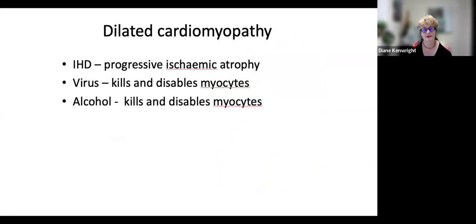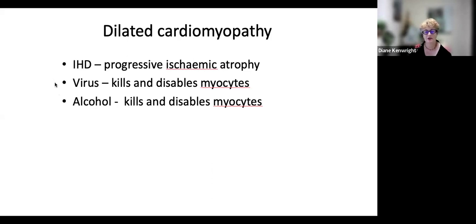All right. So we've mentioned cardiomyopathy, commonest kind, commonly seen with ischemic heart disease. But here's some other things that can cause dilated cardiomyopathy. So the first one is viruses. So we know that people get viral myocarditis. We know because we've been through a COVID epidemic, but it was around before then.